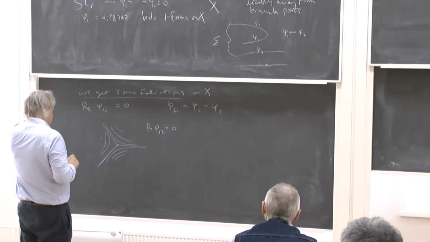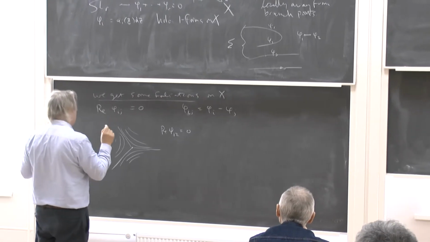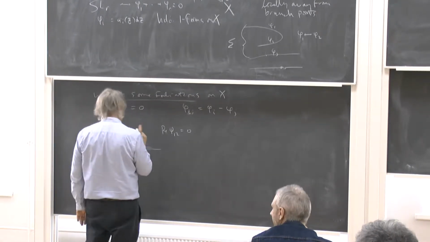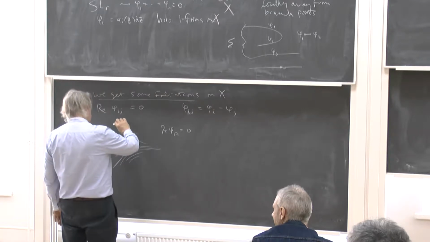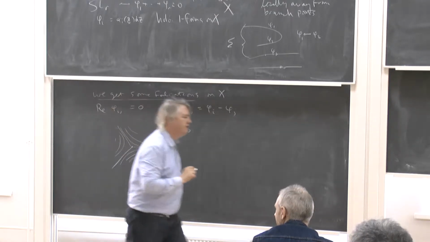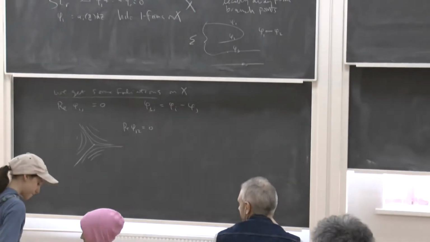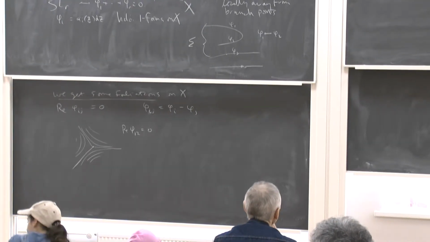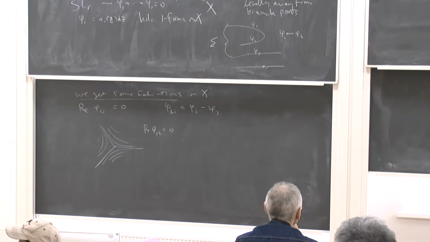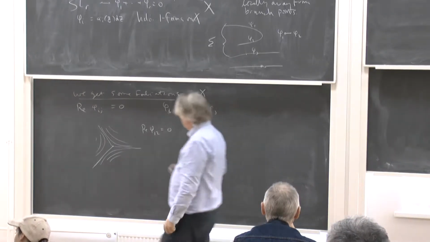Now there are the other foliations. It takes a little bit of time to understand what the other foliations look like. They look like this.